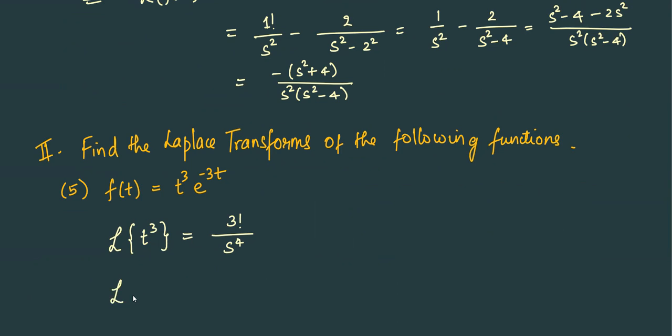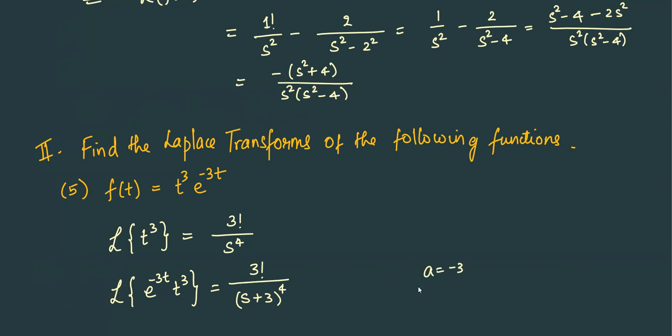Now the Laplace transform of e power at times t cube. In this, we have to do s minus a. So we'll get 3 factorial by s minus of minus 3, s plus 3 whole power 4. A is minus 3 here.